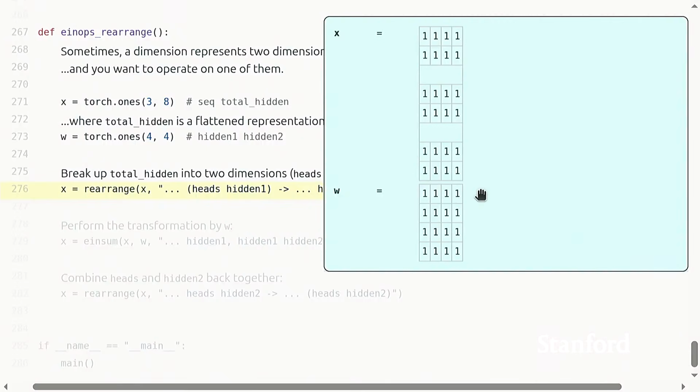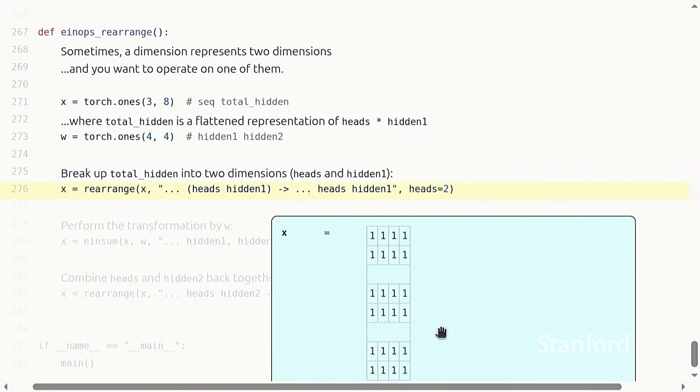Concretely, remember this was a 3 by 8 matrix. I've broken this into a 3 by 2 by 4 tensor, where heads hidden 1 corresponds to this 8-dimensional vector, and that's been broken into a 2 by 4. So heads is 2 and hidden 1 is 4 here.